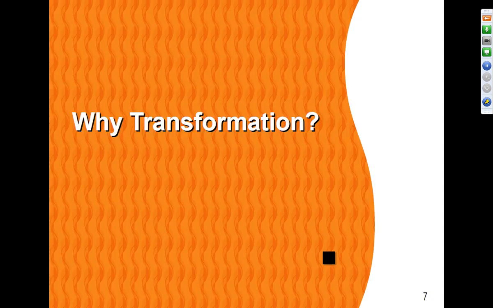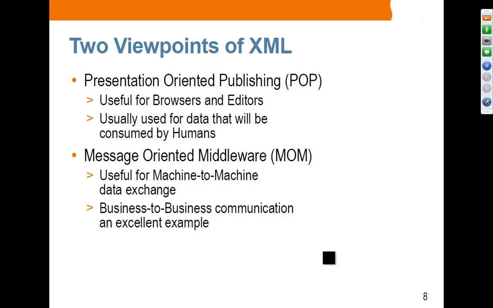So why do we need to do transformation? There are two different aspects of XML, which is how XML is actually being used. One is presentation-oriented publishing, and the other one is message-oriented middleware. In the first case, presentation-oriented publishing, it is useful for browsers and editors, and it's usually used for data that will be consumed by humans.